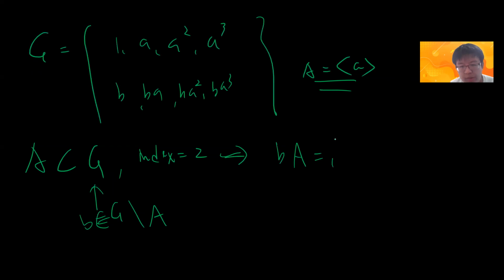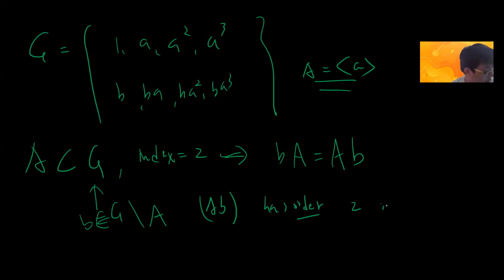So BA must be AB. That means AB has order 2 in G quotient A.